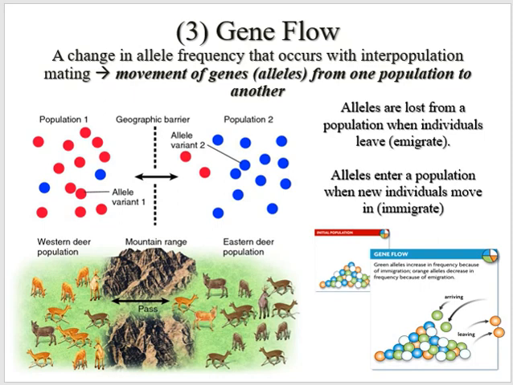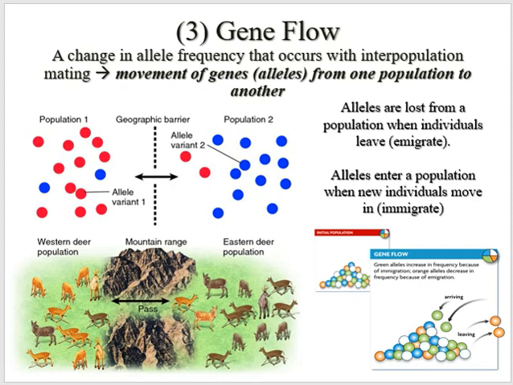Because of this cross-population mating, there's a constant movement of genes and alleles from one population to another. And again, the movement of alleles is between different populations, but both populations are of the same species.